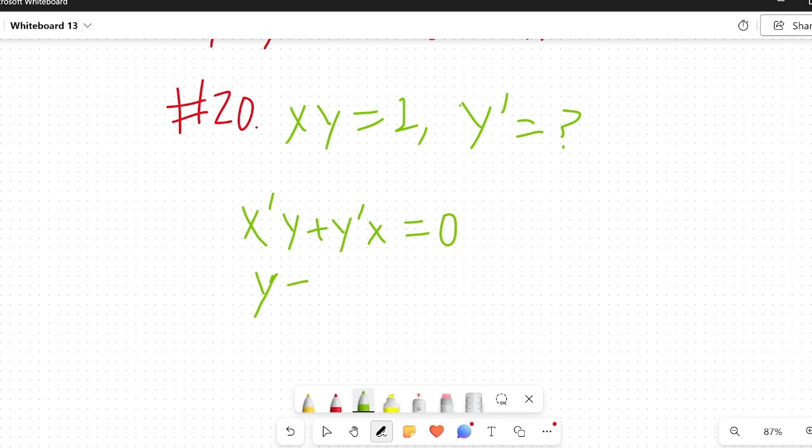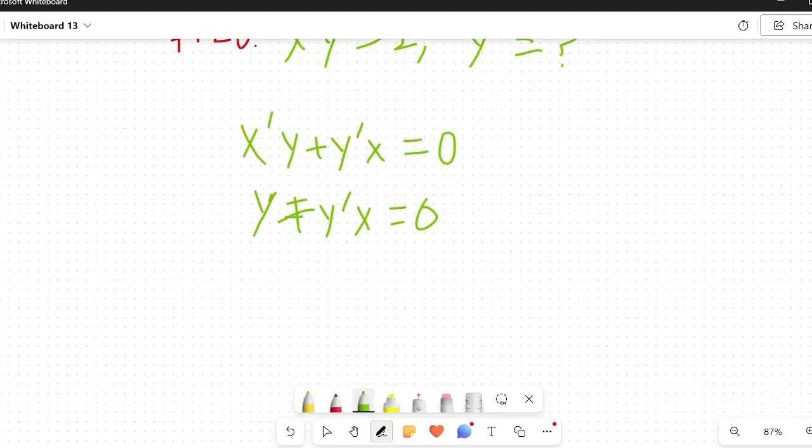And then this is going to be plus y prime of x equals 0. So essentially here, y prime will be equal to, if we move negative y and then take it over x, something like so.